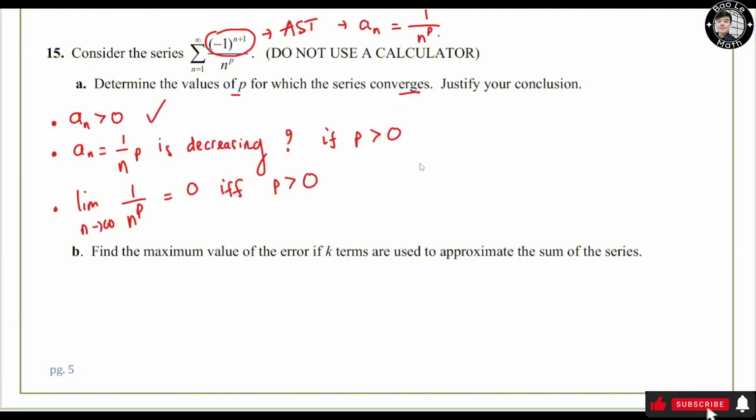So, to summarize, the series converges if p is greater than 0, by the alternating series test.